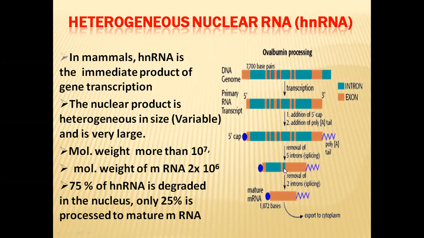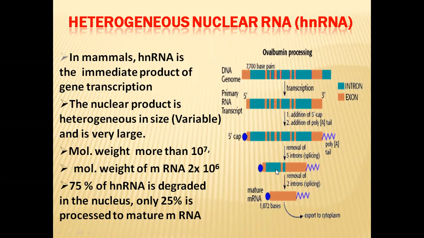Before this splicing and removal of introns is done, at the same time the addition of a methyl group to the 5' end and a polyA tail to the 3' end will also be done. So the addition of the polyA tail and the 5' cap will be accomplished while the removal of introns is being done.